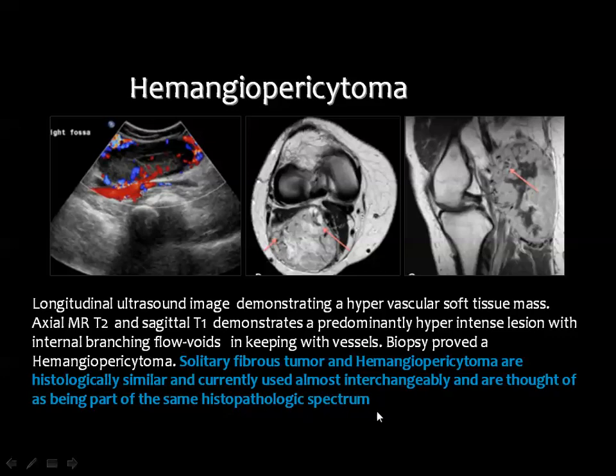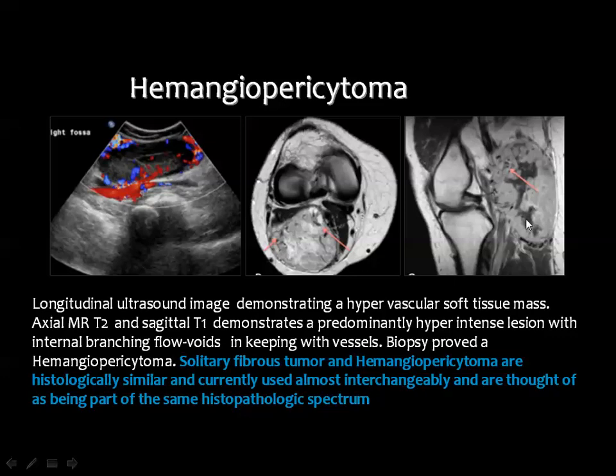Then you also remember this for the brain. And now the classification of brain tumors includes solitary fibrous tumor and hemangiopericytoma as a single entity, and they differentiate according to the imaging modalities if the tumor is low grade or high grade and so on.